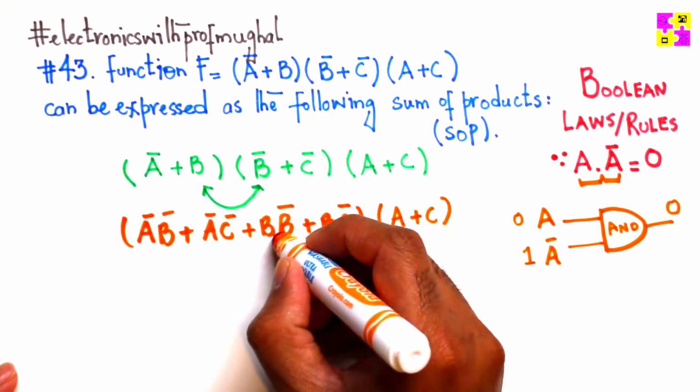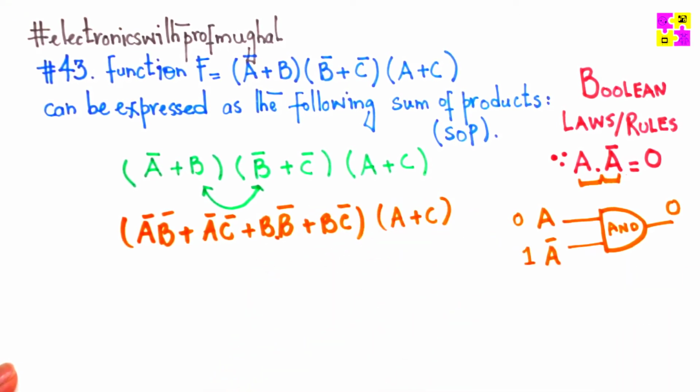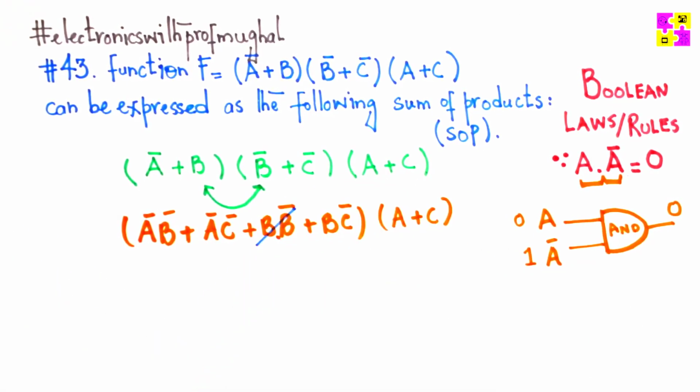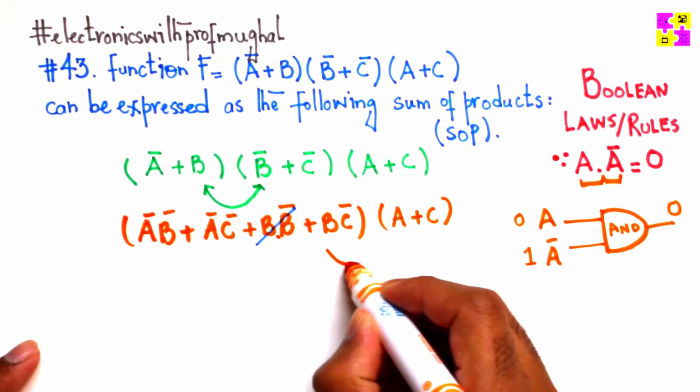And don't think that the dot is missing here. It's just there, I did not include it, right? B dot b bar, this term will basically cancel out. This will be gone because this is equivalent to 0. Now I'm going to take a product of these 2.